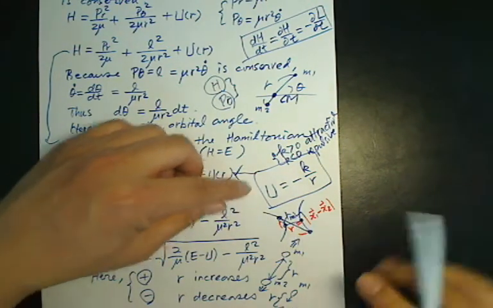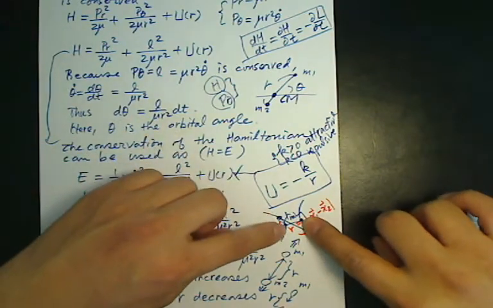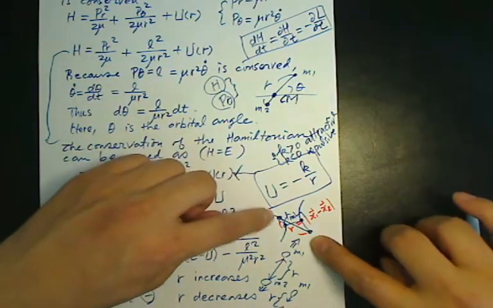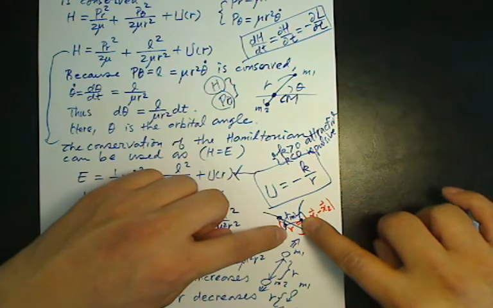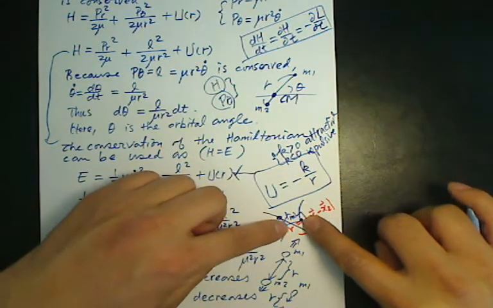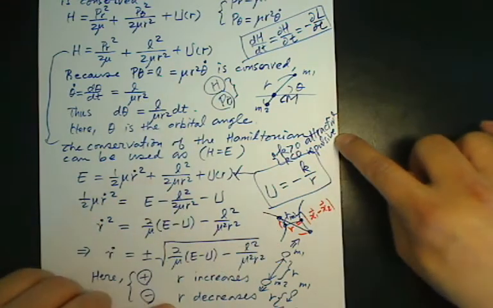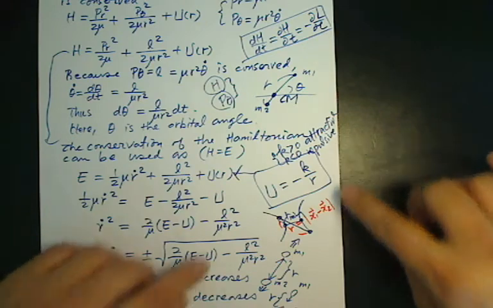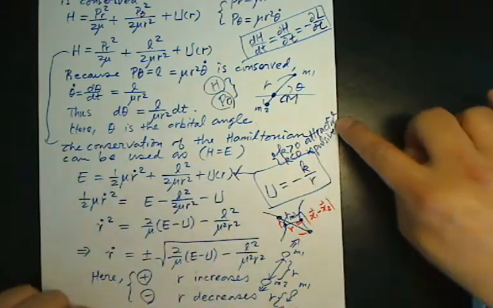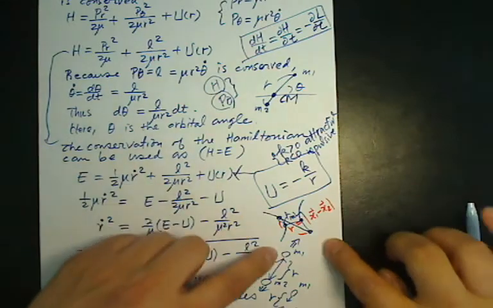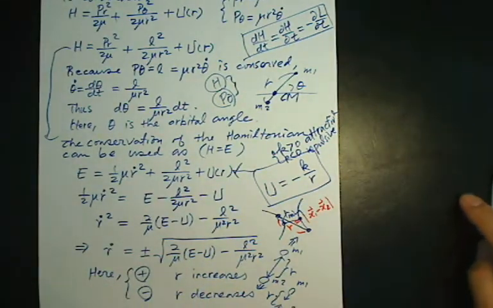This is r minimum. When they are closest, r is decreasing, so r dot is negative. And then after the collision, they are going farther and farther away. So distance decreases, then increases.